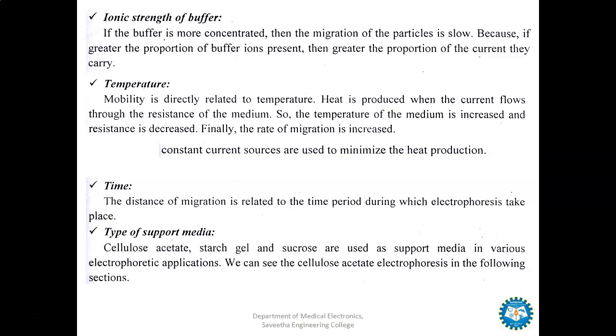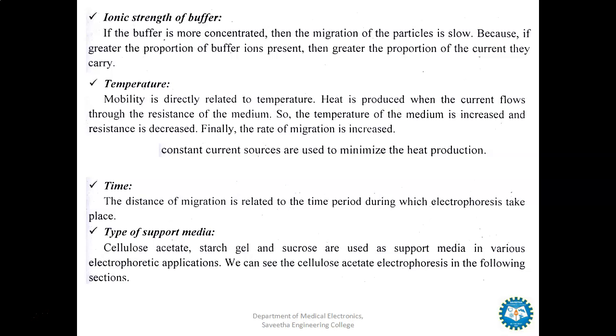Fourth is time. The distance of migration is related to the time period during which electrophoresis takes place. And finally, the type of media, that is the medium. Cellulose acetate, starch gel, and sucrose are used as support media in various electrophoretic applications.